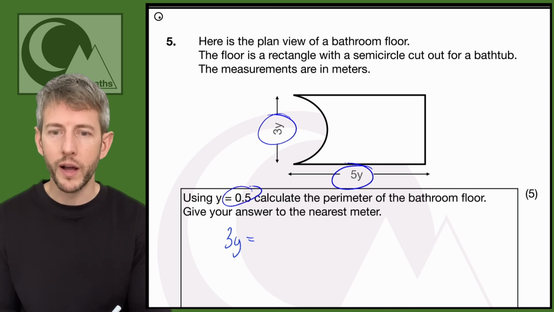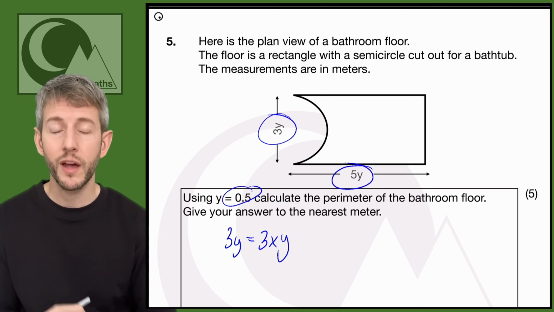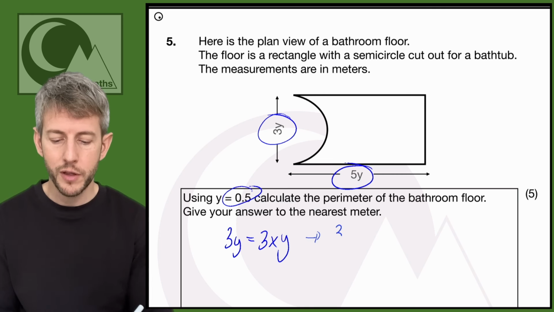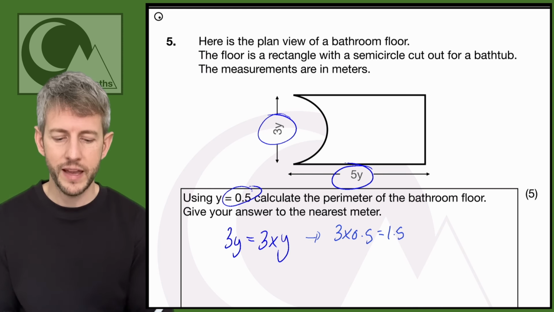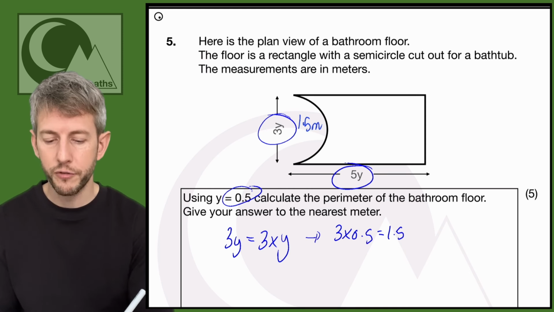So 3y means 3 times y, okay? And as I've been told that y is equal to 0.5, this equals 3 times 0.5, and that equals 1.5. So that means that this measurement is 1.5 meters.